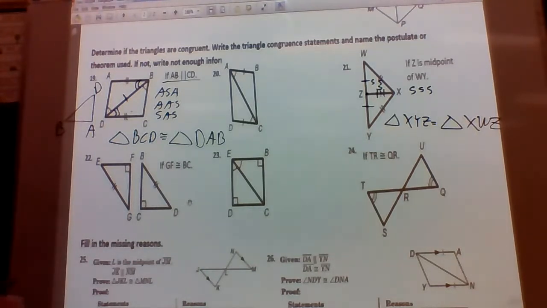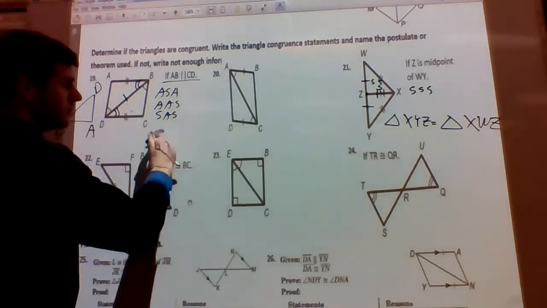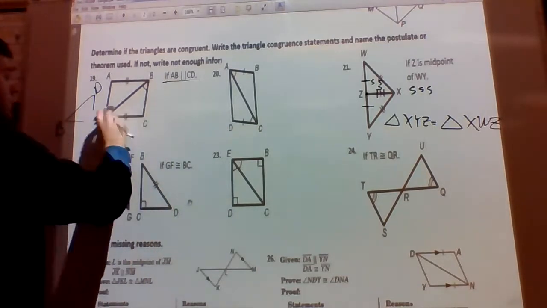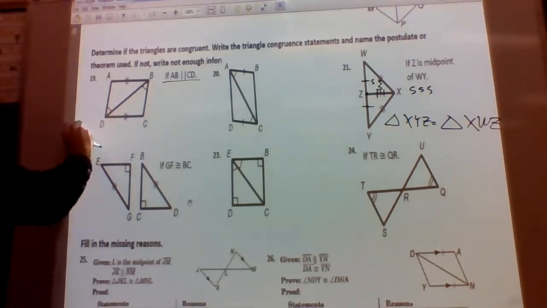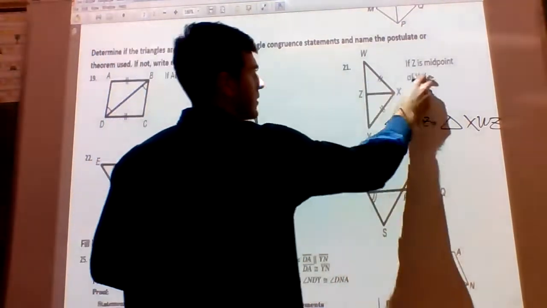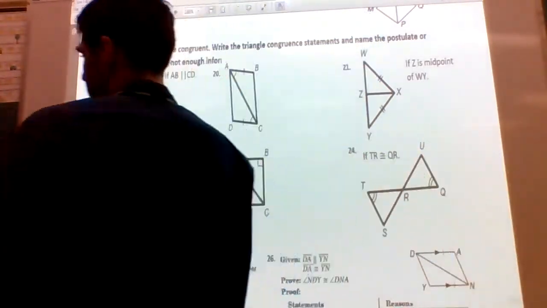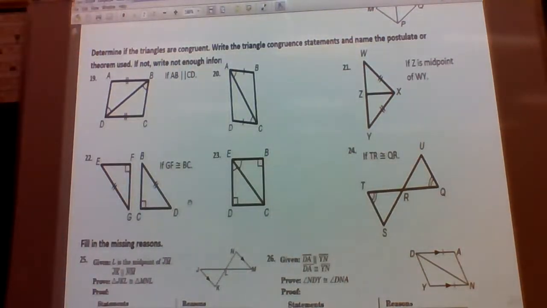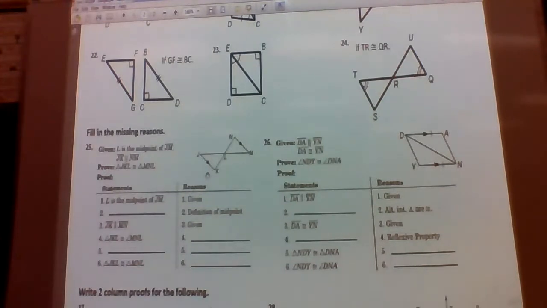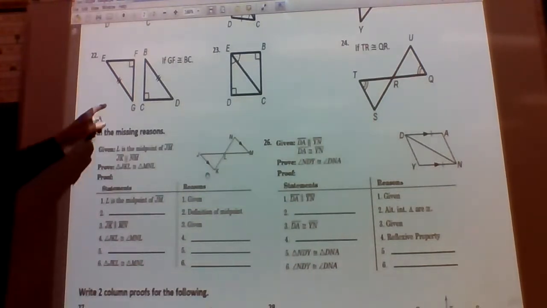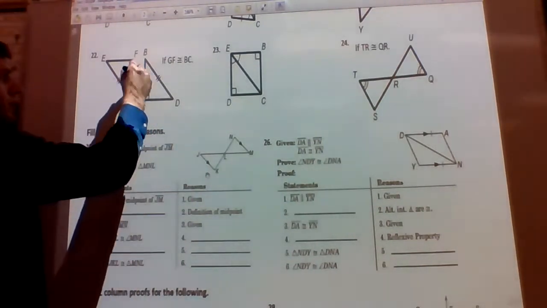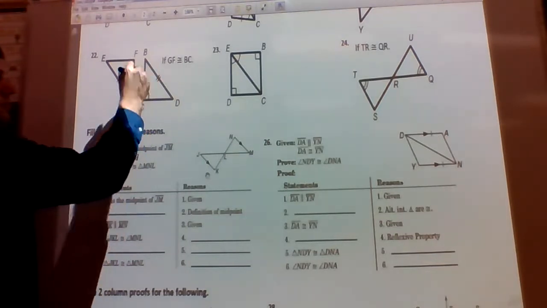Okay. 19. Do these three, and then we have proofs after that.